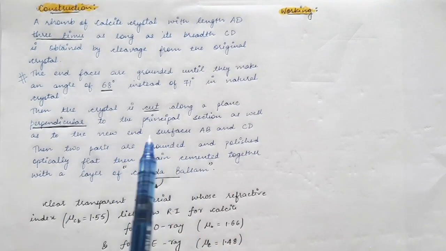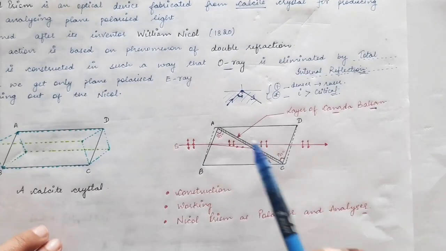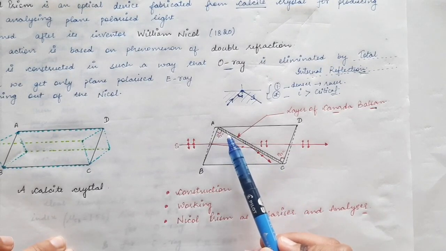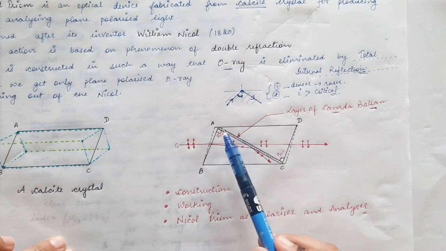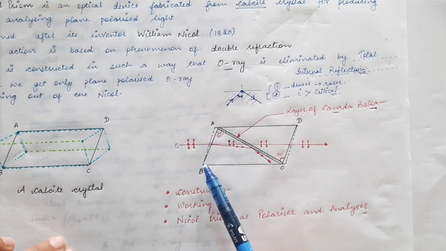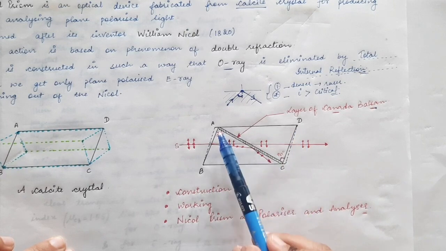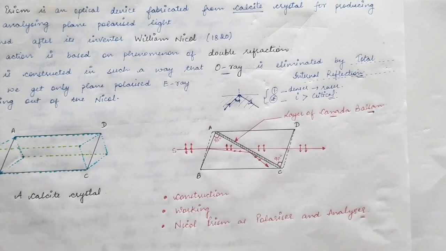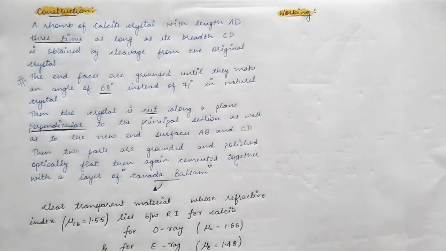So we cut this crystal along such a plane. These are the new end faces after grinding and polishing. So this will make up the Nicol prism.